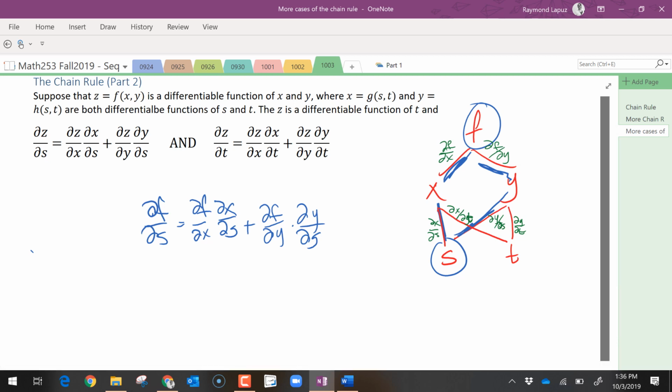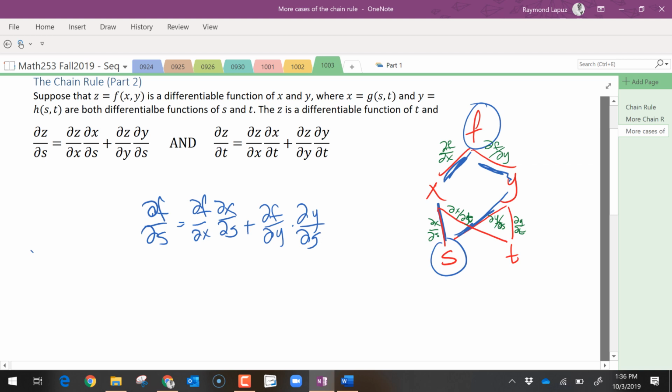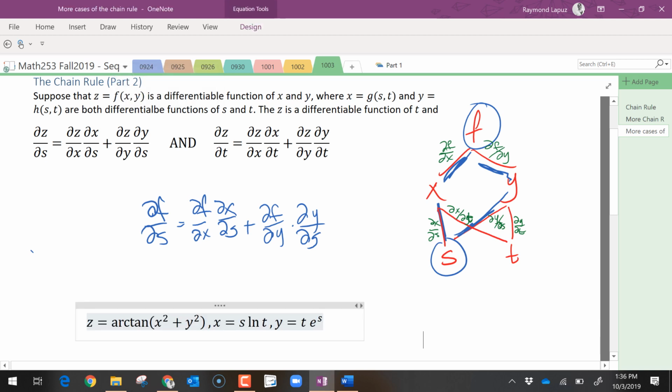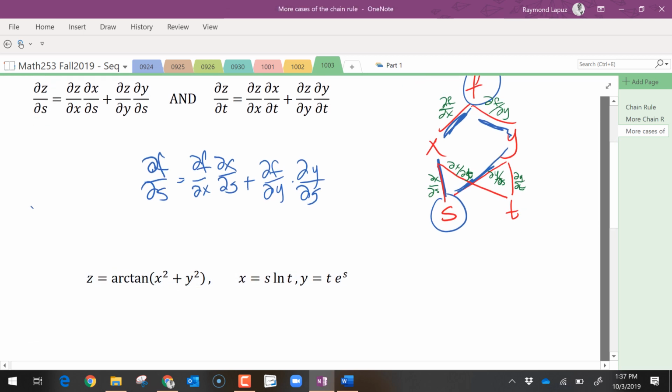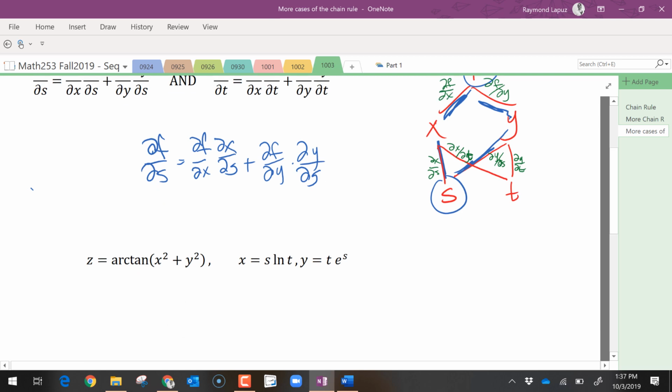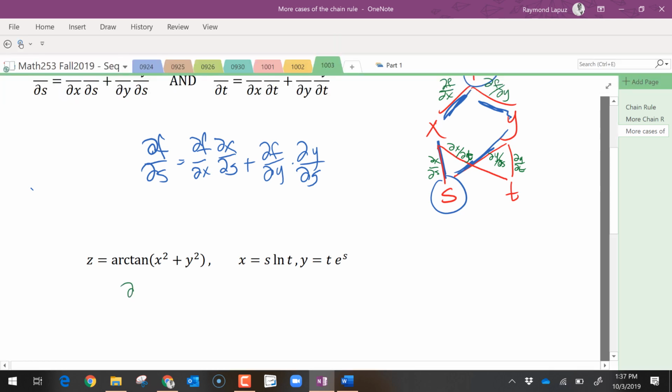So this one, I haven't really attempted to think about how to visualize this. So if you want to think about it, be my guest. Otherwise, let's just do an example. So let's find the partial of z with respect to t.